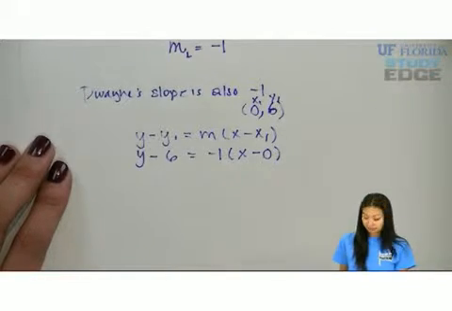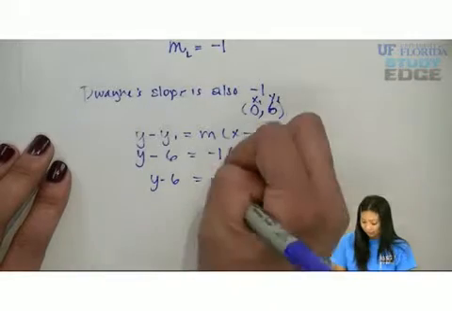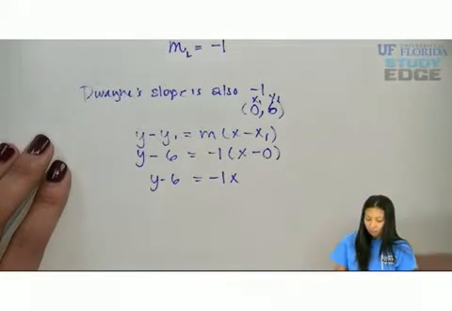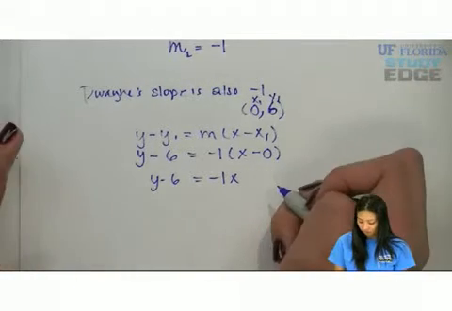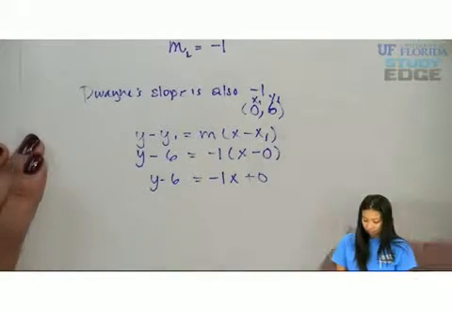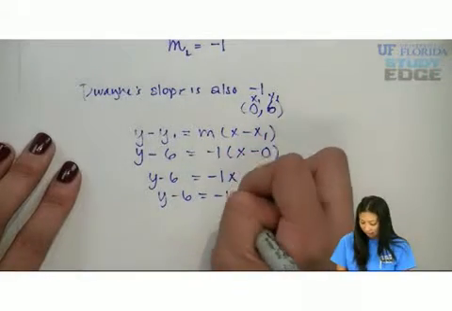Let's simplify this as much as I can. y minus 6 is equal to negative 1 times x, which is negative 1x. Negative 1 times 0 is just 0, so it's nothing. y minus 6 equals negative 1x.